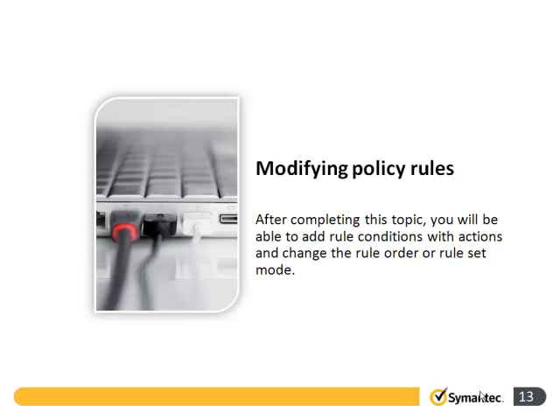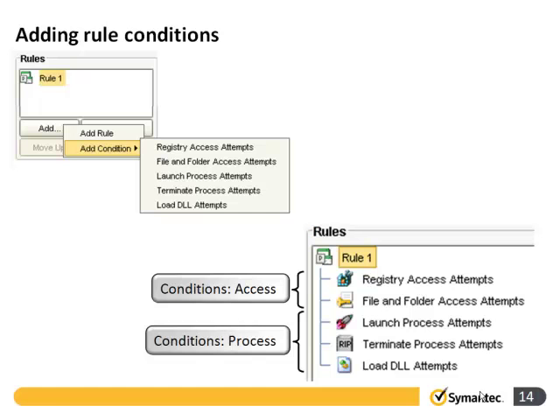So, modifying the policy rules. We can add in a rule, and we can add a rule or a condition. The condition could be to terminate process attempts, for instance. We then need to make sure the rules are in the correct order, so we need to select the access and the process options. We can see these from the options on the right.